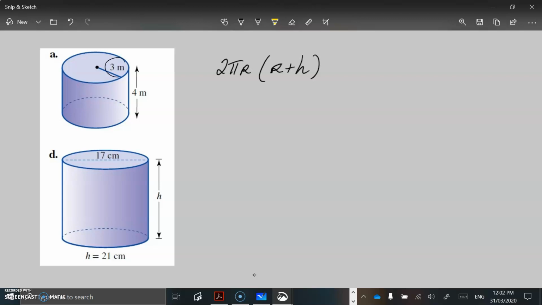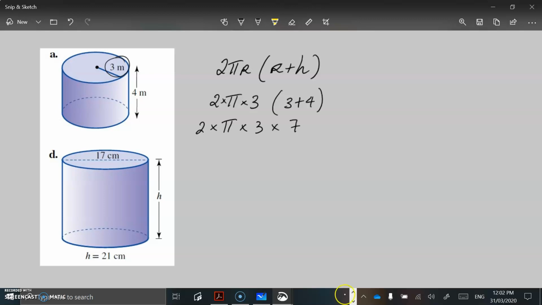So the radius is 3. So we're going to say 2 times pi times 3, multiplied by 3 plus 4. Okay, so 3 plus 4 is 7, times 3 times pi times 2.